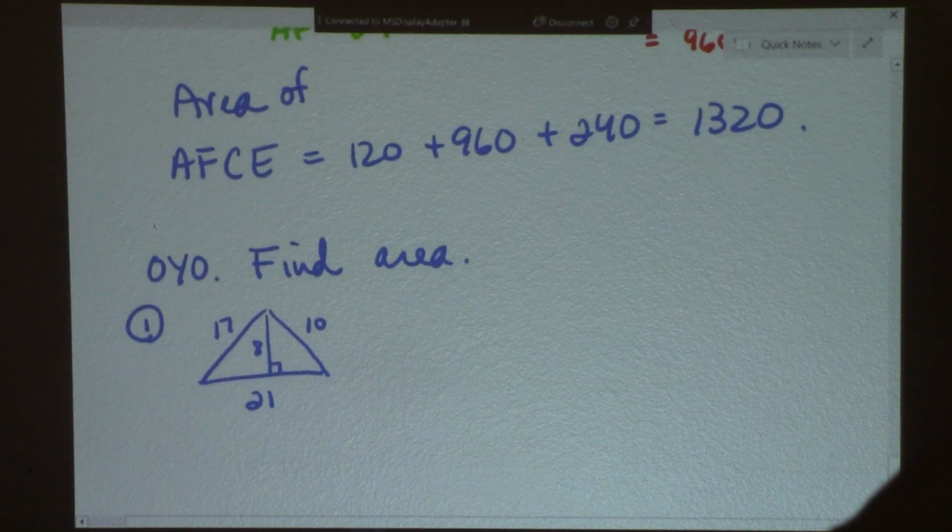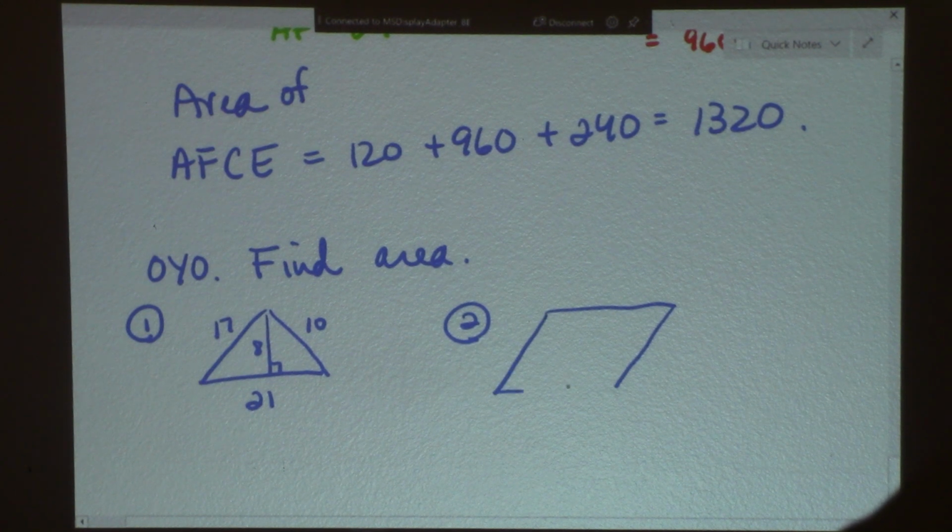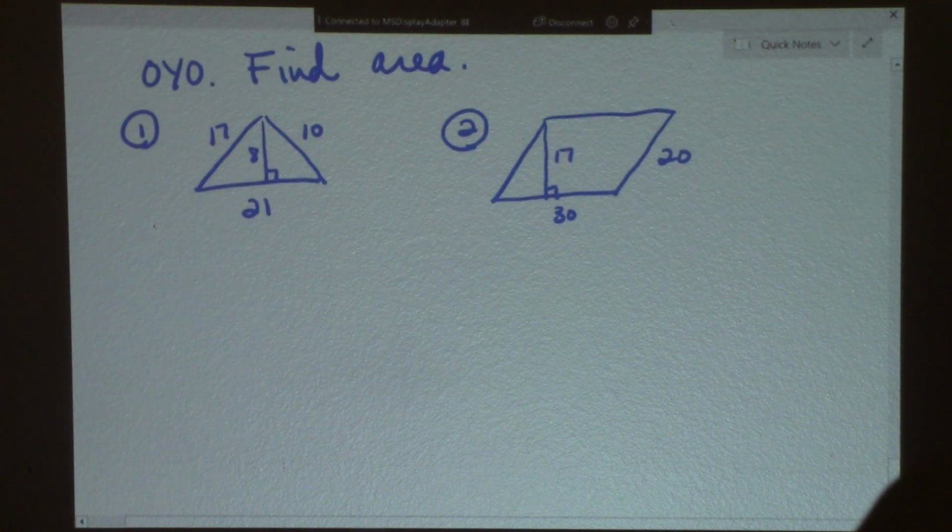So there's number 1. Here's number 2. And here is number 3.